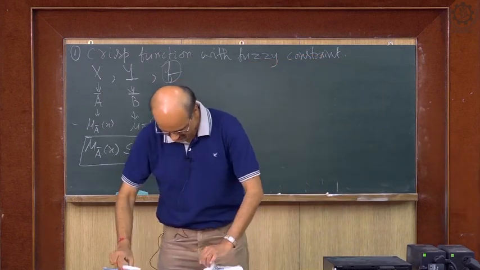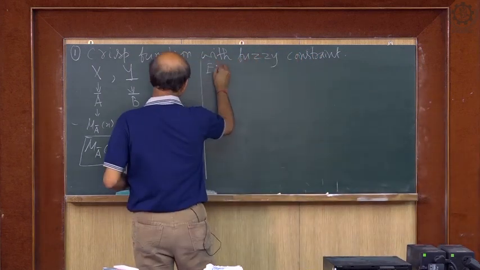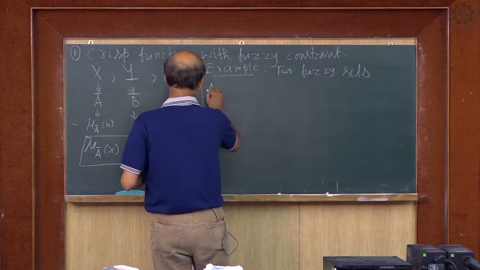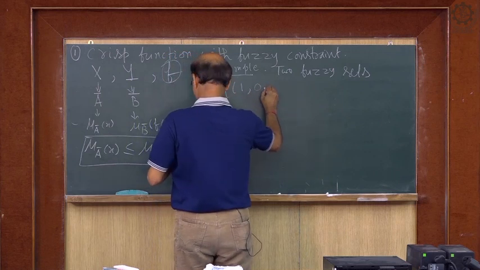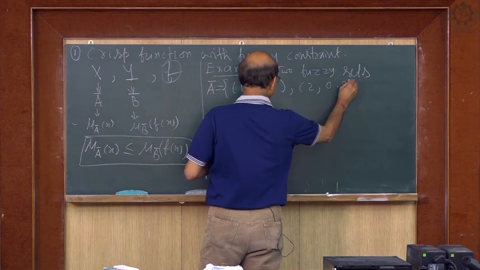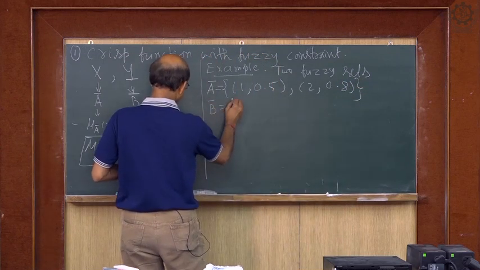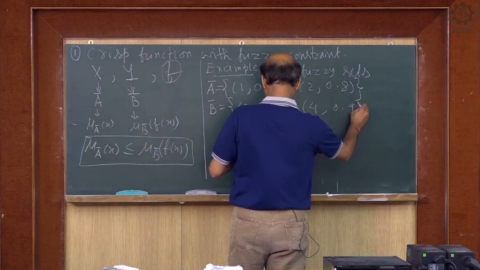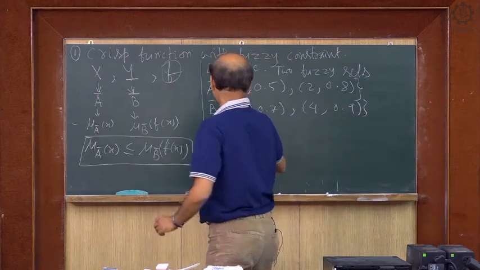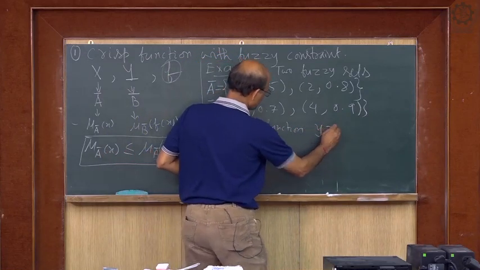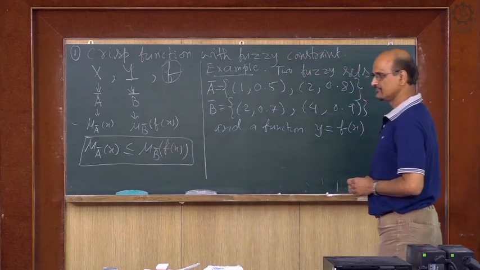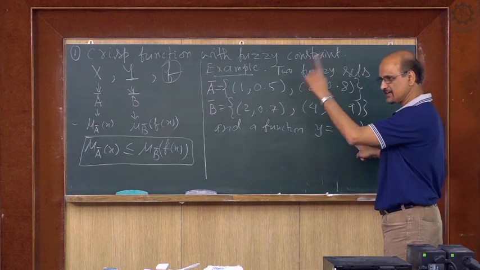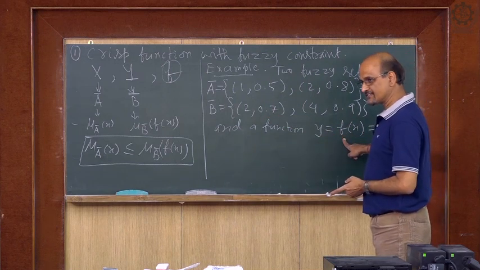Let us take the example. Suppose we have two fuzzy sets, A bar is equal to 1.5 and 2.8, and B bar is equal to 2.7 and 4.9, and a function y is equal to f of x, and that is your what? 2x, because you see x is in A bar, okay, and this f is crisp, remember.